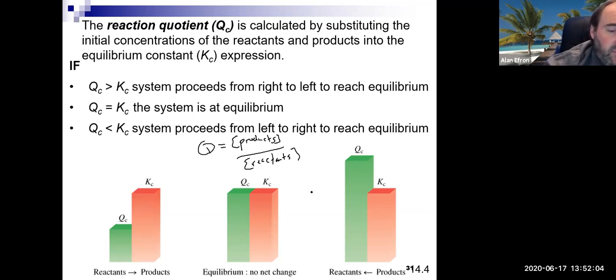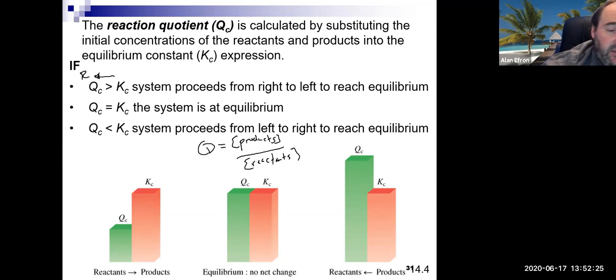And in order for it to reach equilibrium, it needs to go to the left, opposite of where it's pointing, in the direction towards the reactants. So you would need to start making some more reactants, and when you do, then obviously it can get to equilibrium.